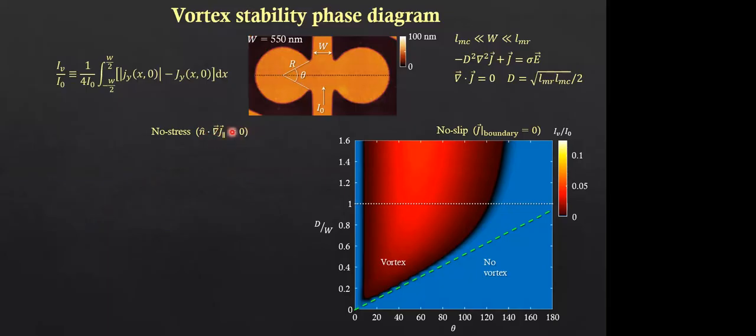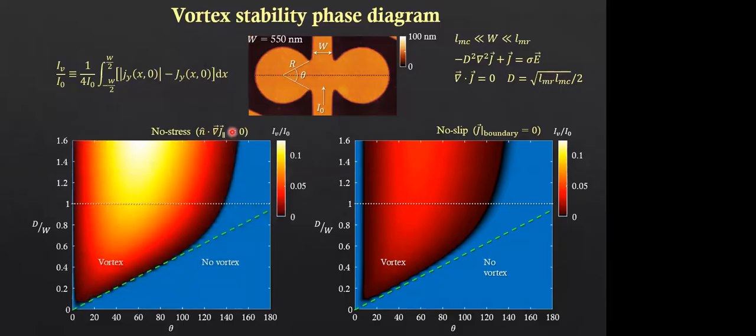So this is kind of a convoluted form of boundary condition, and that gives us a phase space which looks similar but has certain differences. The first difference being that the vortex state is much stronger here, at D greater than W region, and the vortex to no vortex phase boundary is much more linear in the no stress boundary condition.